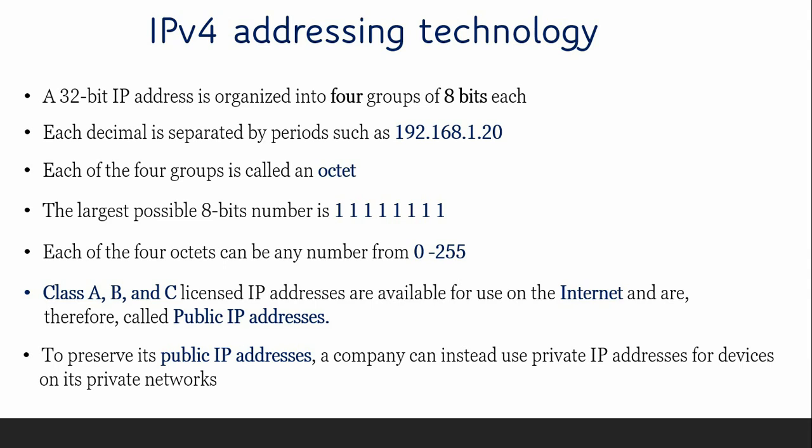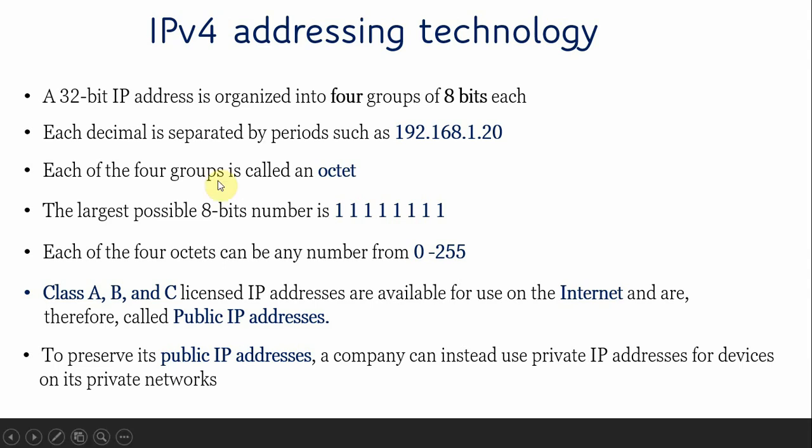I talked to you about your house address, which we use to identify the location of your house. The same thing applies to computers when they are joined on a network. So the IPv4 address is used to identify computers that are joined on a network.